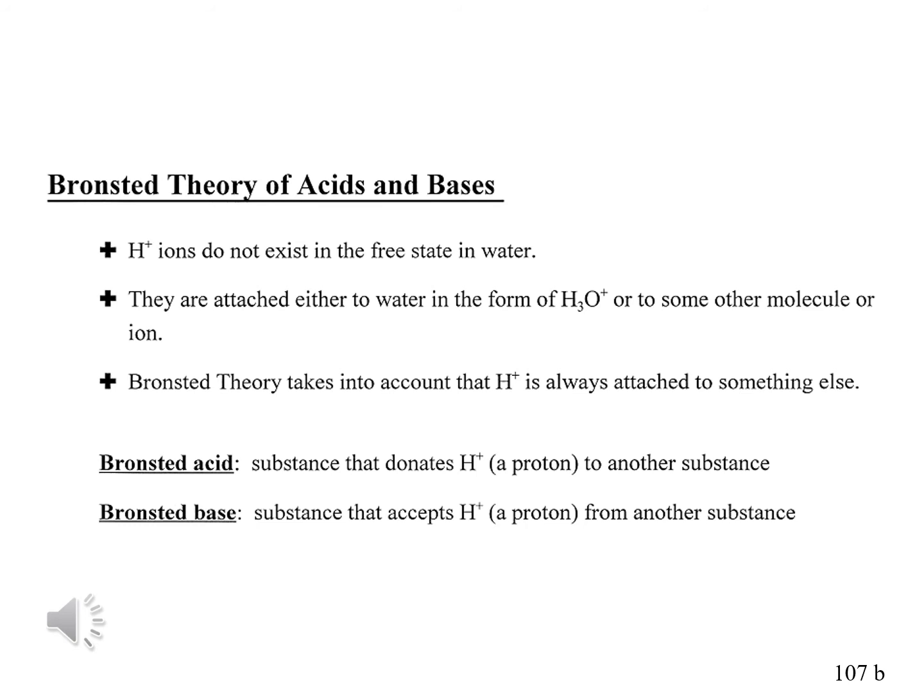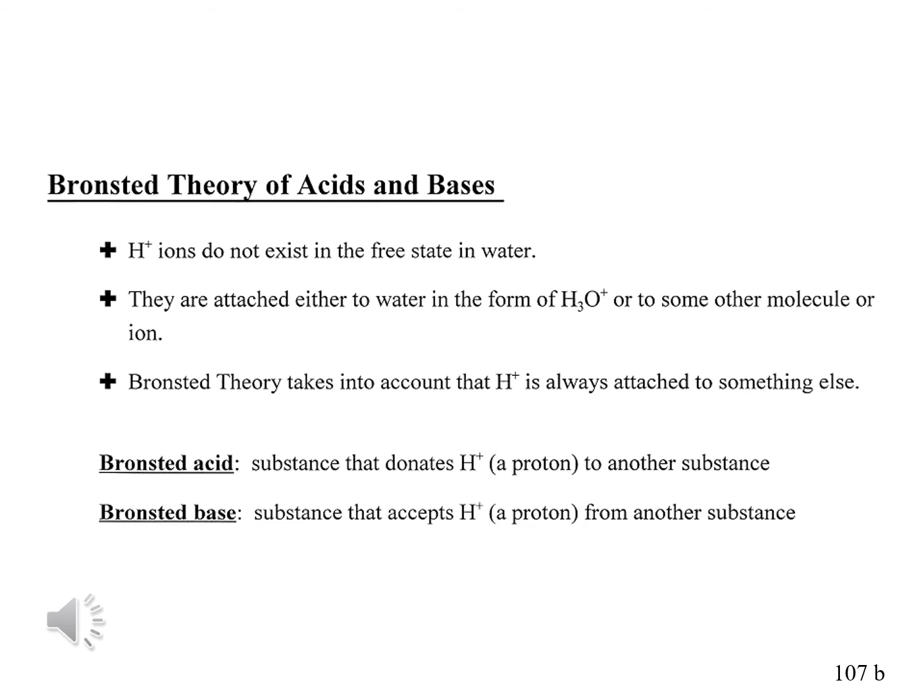So when you start with a Bronsted acid, they define it as a substance that donates H+, or a proton, to another substance. Most of the acids that are Arrhenius acids, well, all of them, are also Bronsted acids because they donate H+. That makes the definition of a base pretty obvious: it's the substance that accepts the H+ from the other substance.